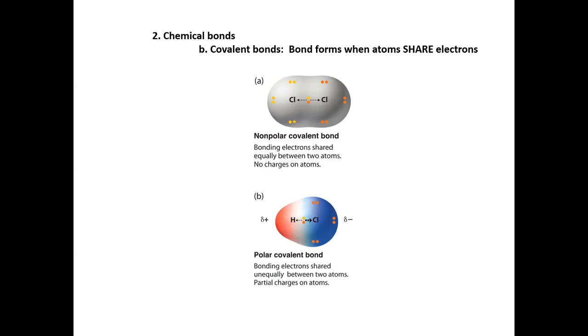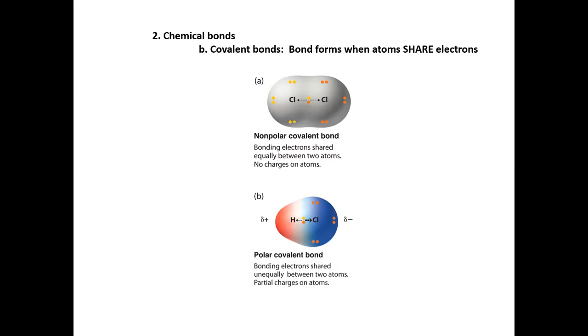The orange is the same. So those are nonpolar covalent bonds. When a molecule is comprised of nonpolar covalent bonds, this is going to give that molecule a particular property, which is going to be important when we talk about some of these things a little bit later. So nonpolar means equally shared electrons.